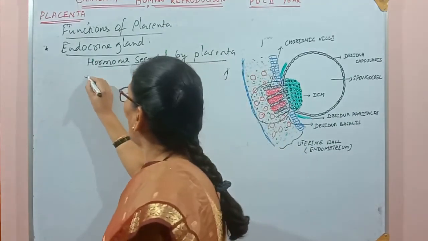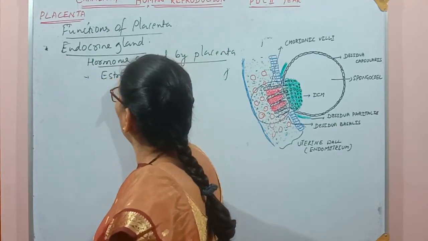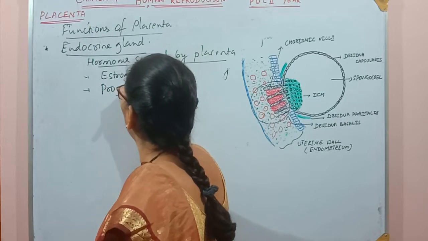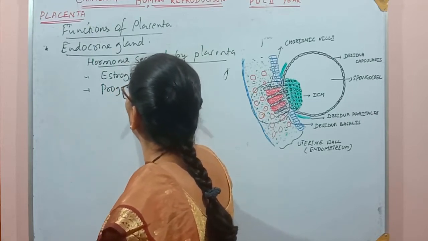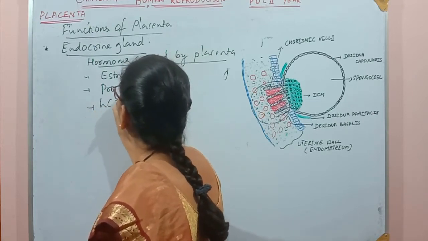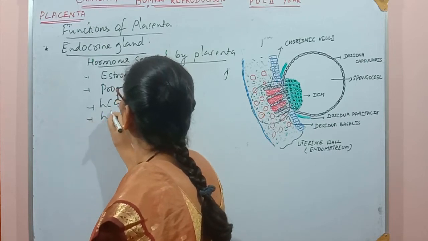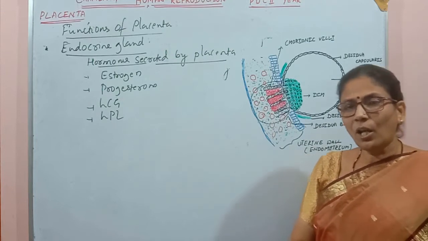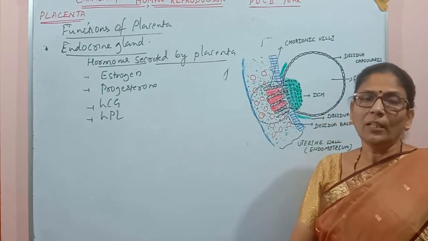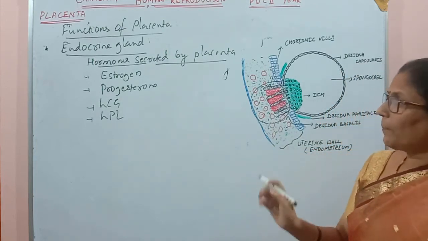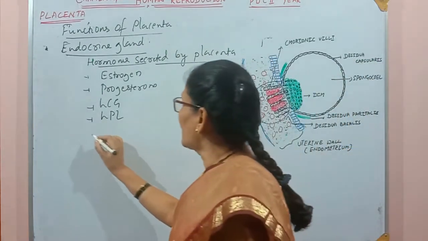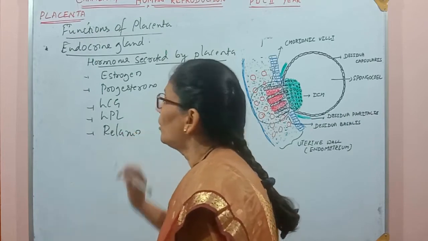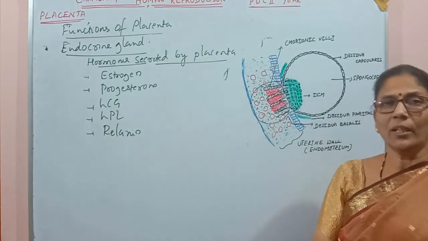So one hormone is estrogen, progesterone, HCG, HPL. Along with this, during late pregnancy, placenta also secretes one more hormone, that is relaxin, which is secreted during late pregnancy.